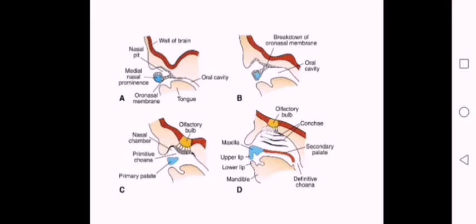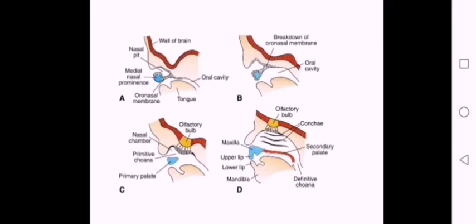Some of the epithelium of the nasal cavity roof becomes specialized into the olfactory epithelium, and the axons of this olfactory epithelium elongate to form the olfactory bulb, which will later be connected to the brain, forming the olfactory pathway.